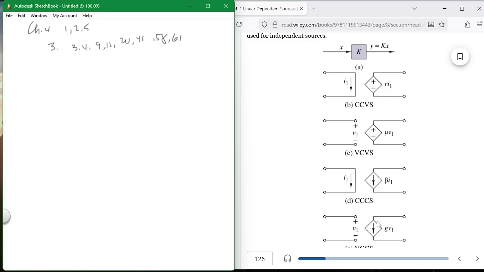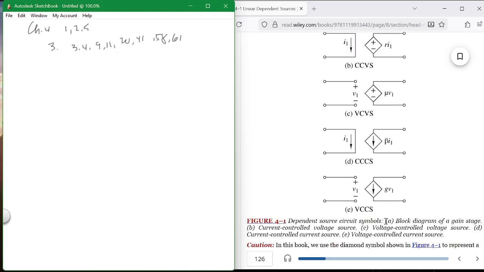Notice that 2 of them are current and 2 of them are voltage on the output, and 2 of them are current on the input, but they switch. So here's a current to voltage, voltage to voltage, current to current, voltage to current. So you can have any of those 4. All right, so those are dependent, and those are the symbols for it.